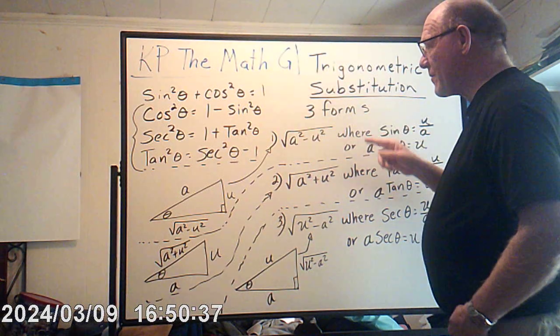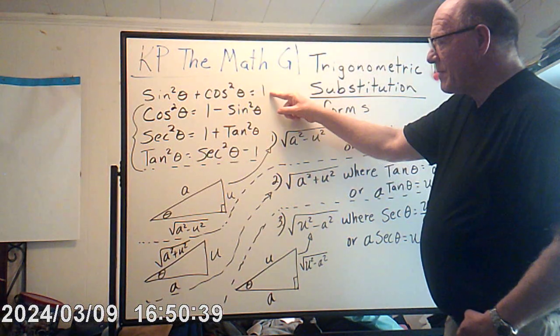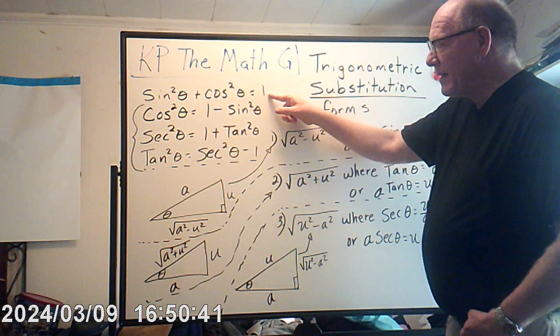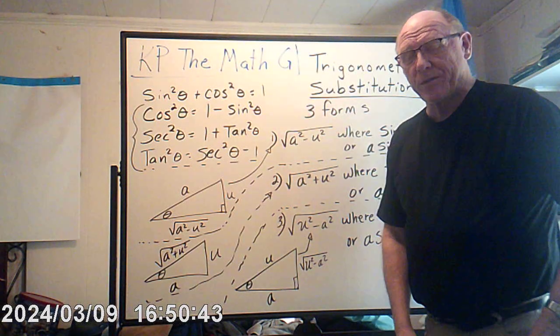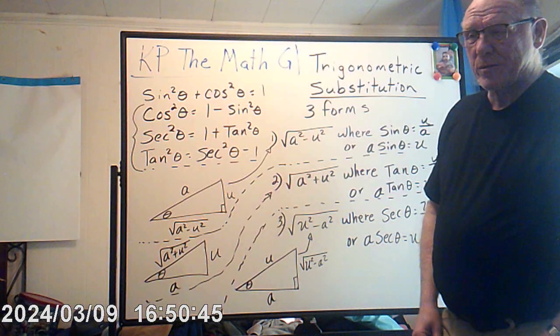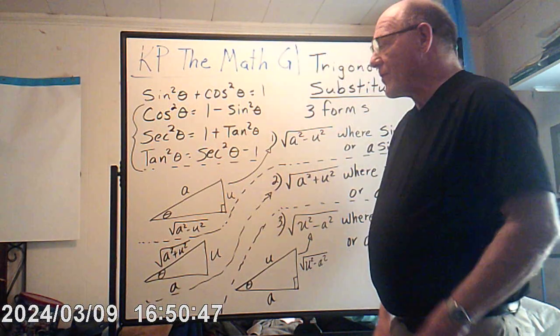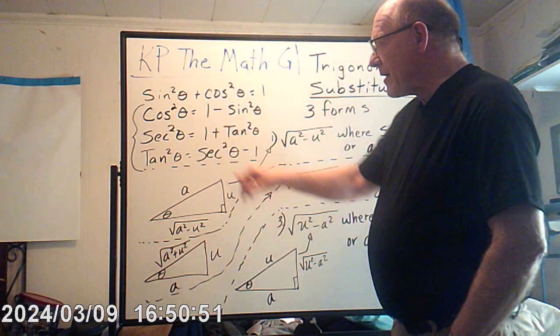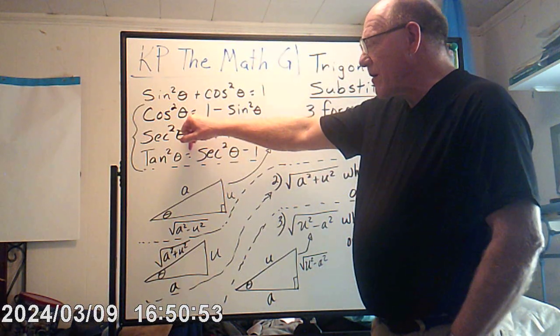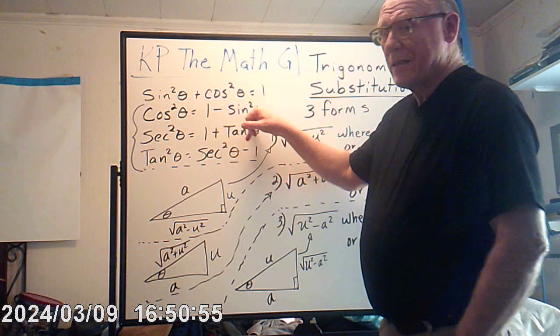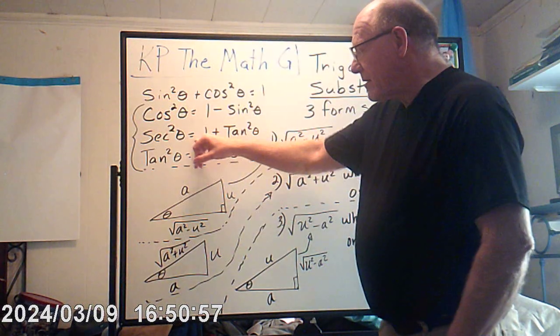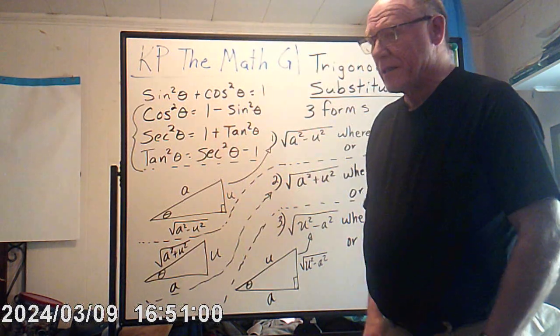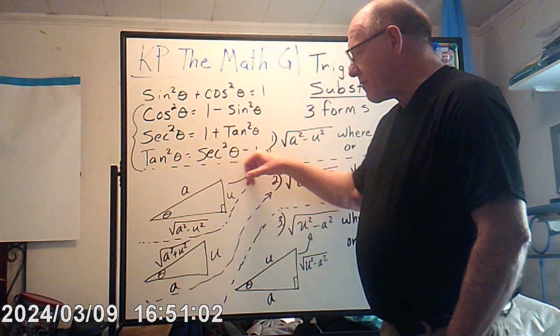It does carry with it three forms. You do have to remember this identity: sine squared theta plus cosine squared theta is equal to 1. And there are actually more than that, but mainly you want cosine squared is equal to 1 minus sine squared, secant squared is equal to 1 plus tangent squared, and tangent squared is secant squared minus 1.